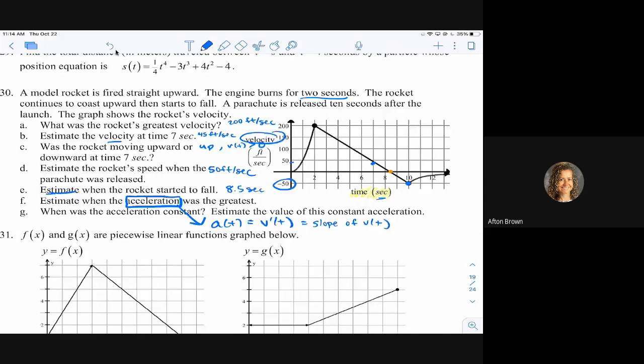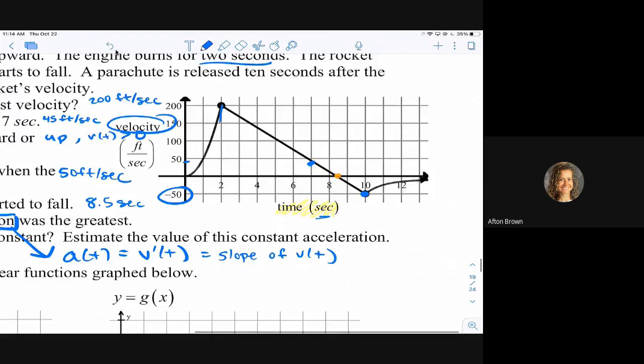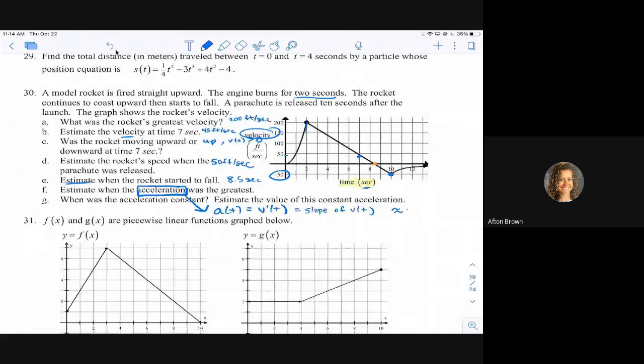So I would say just before 2 seconds, that tangent line is the steepest. Its speed is increasing. If you imagine the burner burning and it's going faster and faster, it's accelerating the fastest just before 2 seconds. So I would say about 2 seconds, or just before 2 seconds. Or you could say, like Sean did, 1.8 seconds.